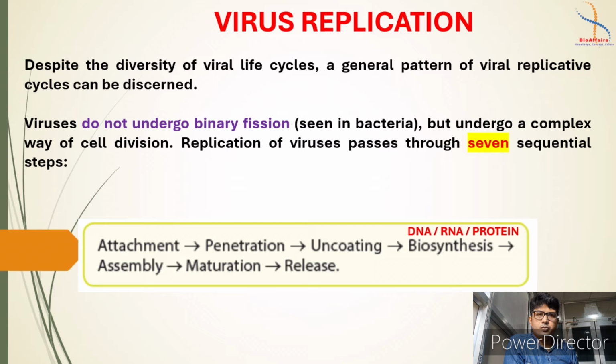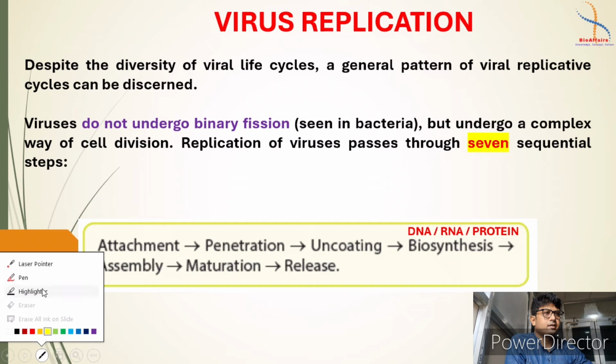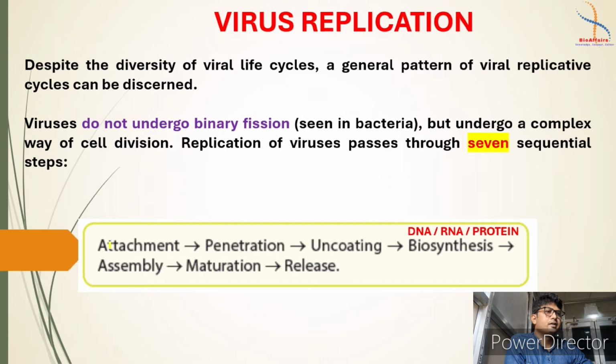So we know that viral replication cannot occur by binary fission, because binary fission is in the case of bacteria. In the case of viruses, they go through 7 sequential steps. What are they?